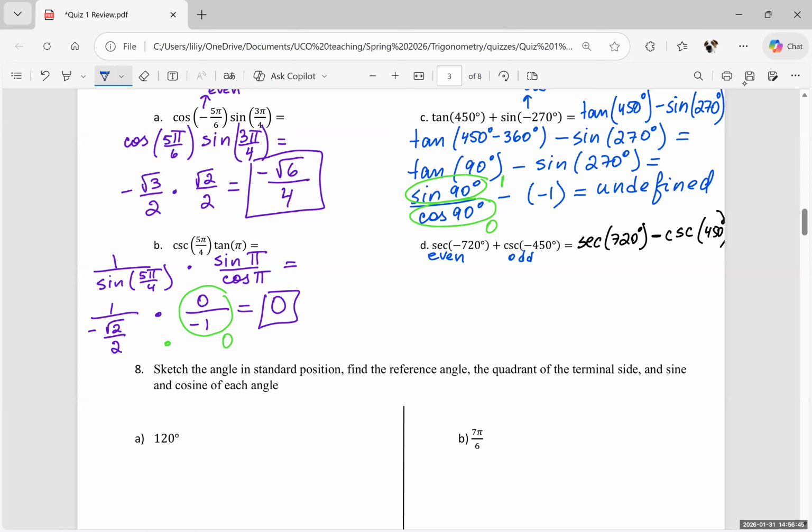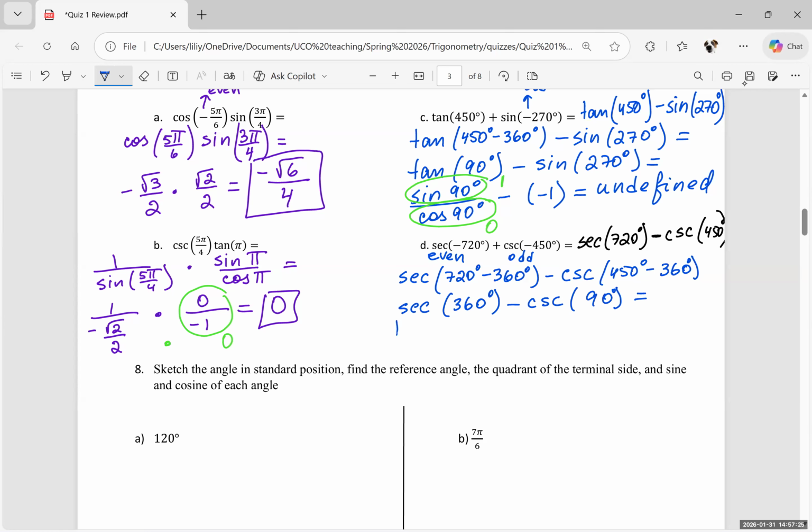I think that's the easiest. 720 is actually 360 plus 360, so secant, I'll go step by step, 720 minus 360, minus cosecant of 450 minus 360. Coterminal angles is what I'm doing here. So that would be secant of 360 degrees minus cosecant of 90 degrees.